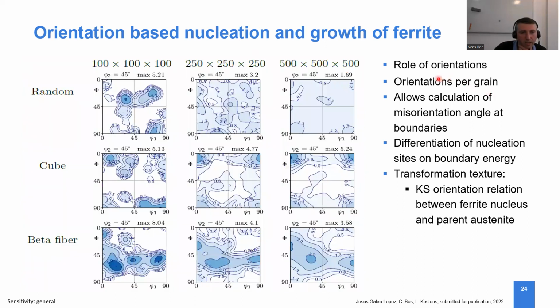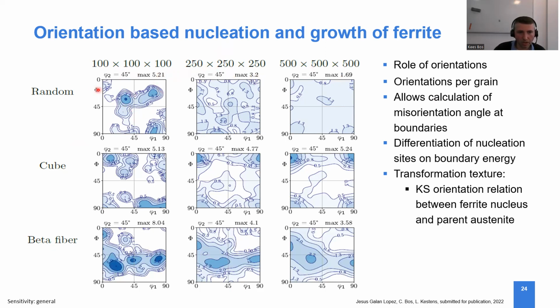And I think this illustrates it best. Here, what Jesus did is that he generated 3 different austenite textures: a random texture, a cube texture, and a beta fiber texture, just to illustrate the impact of the parent orientation distribution. And then for 3 different system sizes, you see the resulting ferrite ODF.